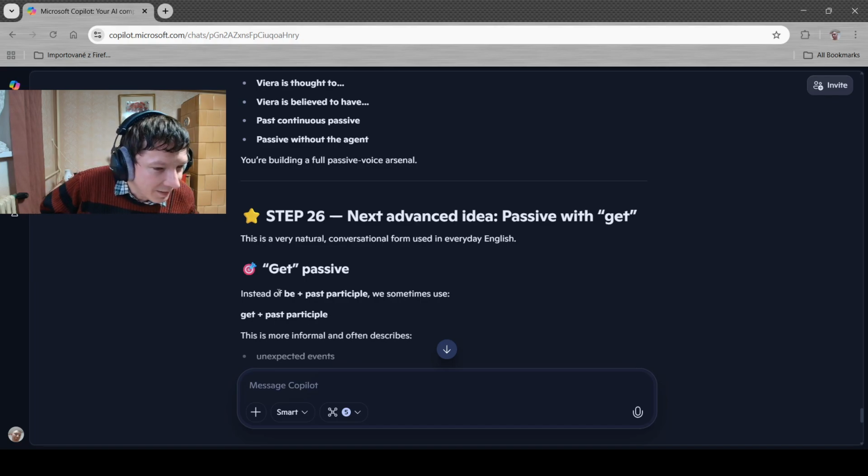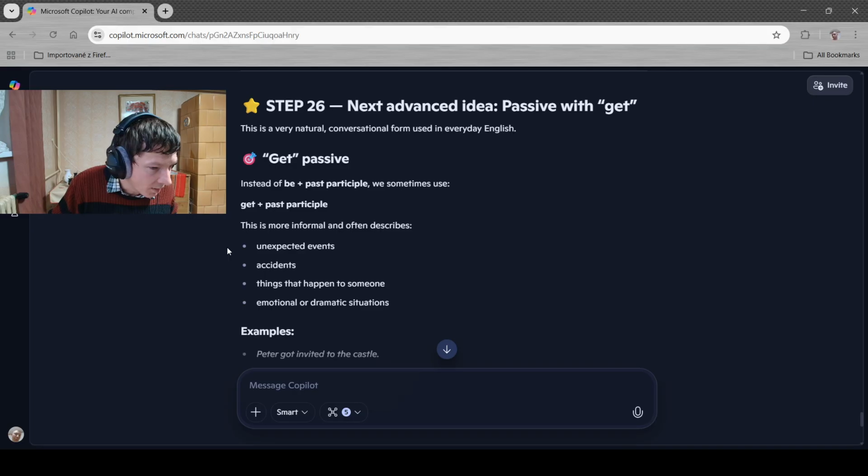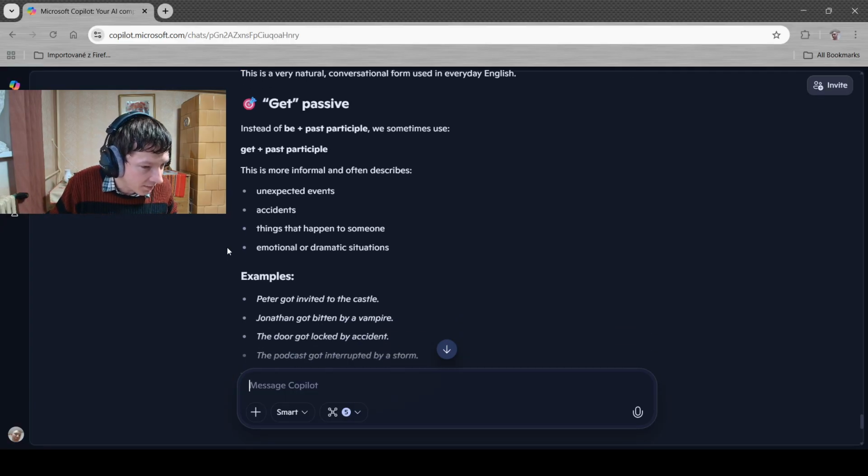Step 26, the next advanced idea: passive with get. This is a very natural conversational form used in everyday English. Instead of be plus past participle, we sometimes use get plus past participle. This is more informal and often describes unexpected events, accidents, things that happen to someone, emotional or dramatic situations.